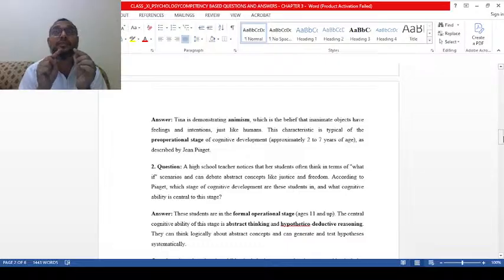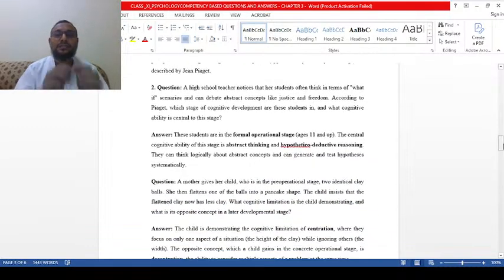Animism, egocentrism, just now we discussed. These are the pre-operational characteristics. Irreversible thoughts, lack of conservation, these are all. Now, a high school teacher notices that her students often think in terms of what-if scenarios and can debate abstract concepts like justice and freedom.